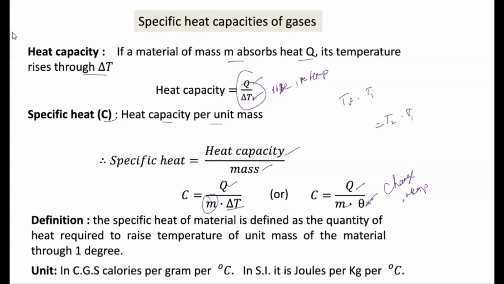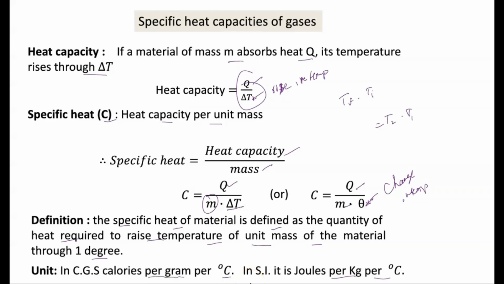Now, specific heat. The specific heat of a material is defined as the quantity of heat required to raise the temperature of unit mass of the material through 1 degree centigrade. In CGS it will be calories per gram per degree centigrade, and in SI it will be joules per kg per degree centigrade.